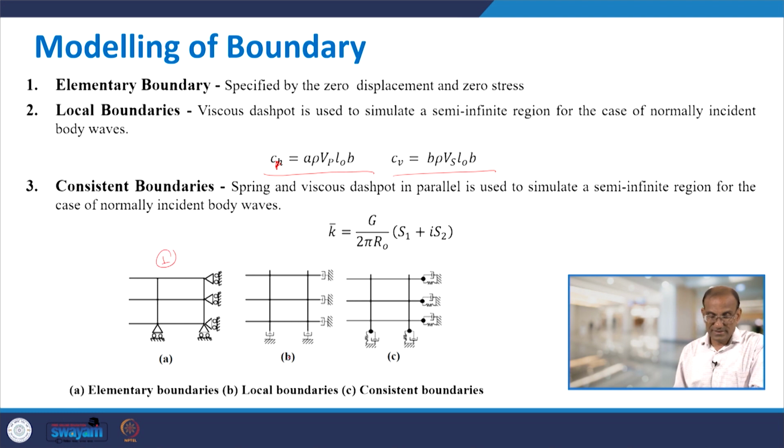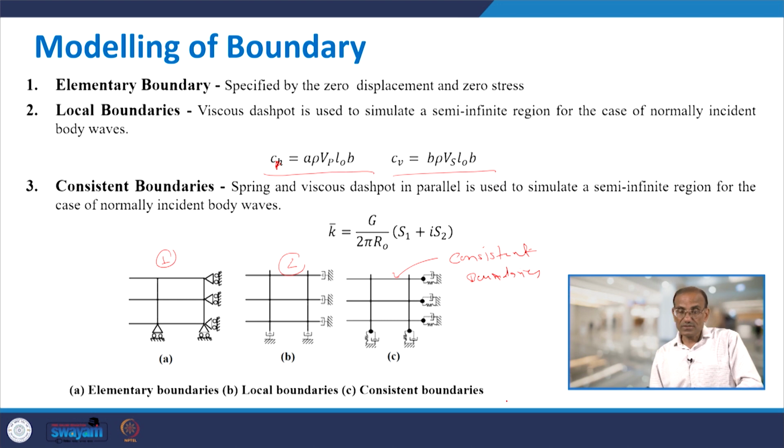Then the second one is local boundaries. Third one is called consistent boundary. In this case the coefficient of dynamic stiffness can be found out using these relations, which is for the springs.